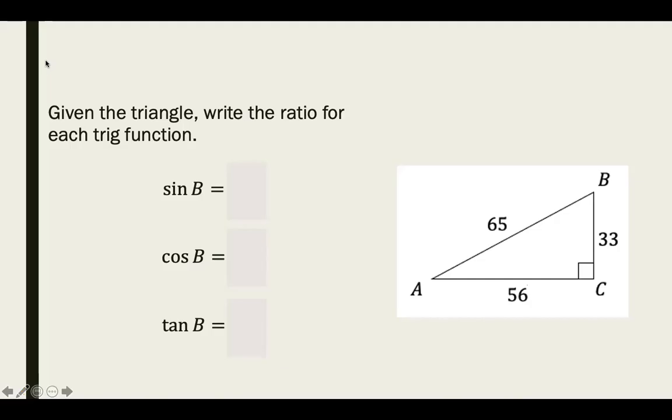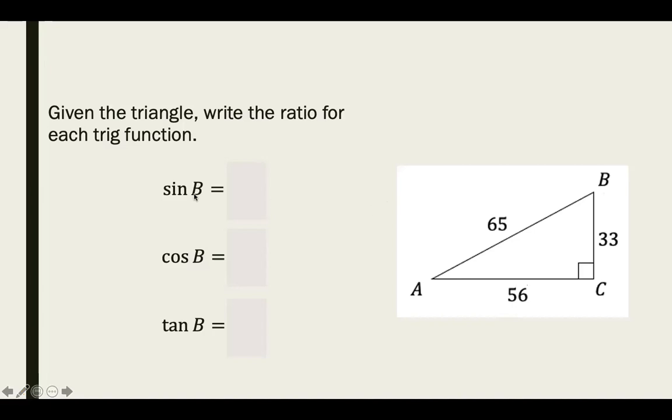All right, so if we look at this triangle and try to determine the value of these trig functions at angle B, our answers are going to change slightly, because here our opposite and our adjacent are going to be swapped, because now 56 is opposite the angle we're looking at and 33 is adjacent to it.